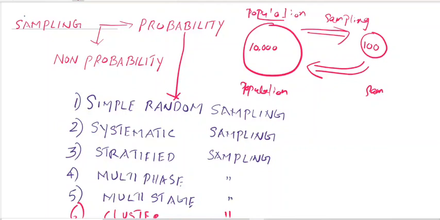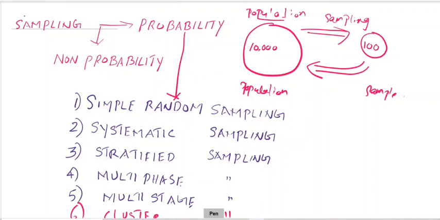So why do we conduct sampling, or why are we making a small population out of a big population? Because of feasibility, because it's not practically possible to conduct a study on the entire population. So we want to conduct the study in a small population but with all characteristics of the original population. So coming back to sampling, we have basically two types of sampling technique.